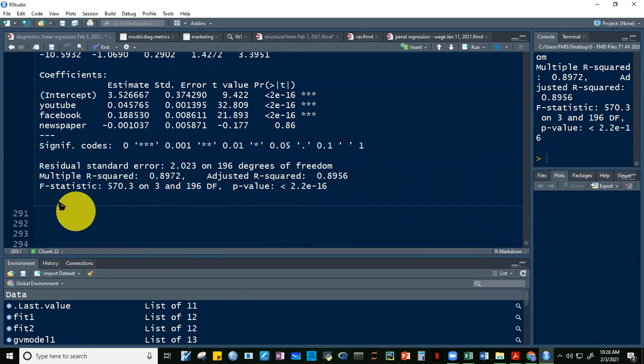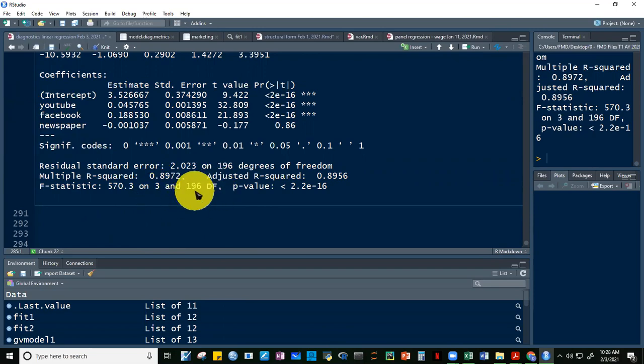Conclusion natin, guys. F-stat natin, 570.3 on 3 and 196 degrees of freedom. Naalala niyo kung bakit 3 yung degree of freedom 1 natin? Ilan yung regressors? Tatlong regressors natin, di ba? YouTube, Facebook, newspaper. So, degree of freedom ng regression natin is 3.